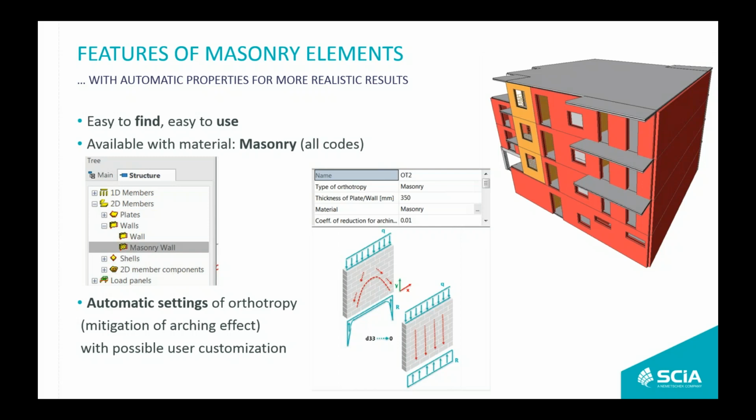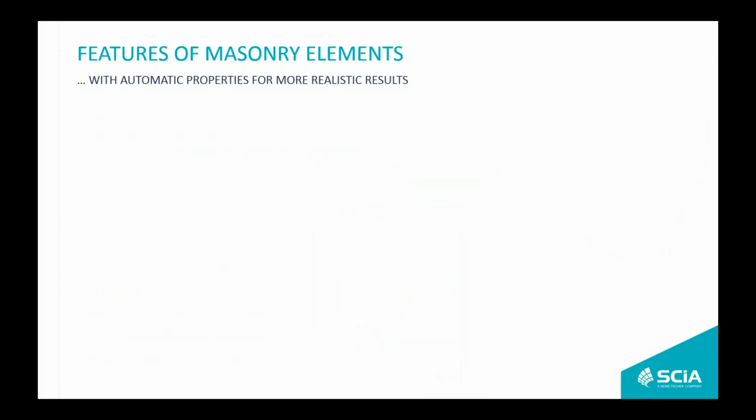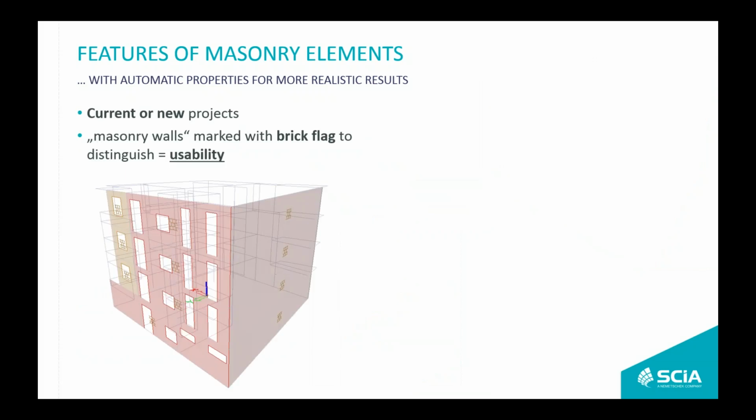For longer spans of walls, it might be prudent to include some amount of arching effect, as is indicated by Eurocodes. Furthermore, masonry walls are available in both current and new projects.